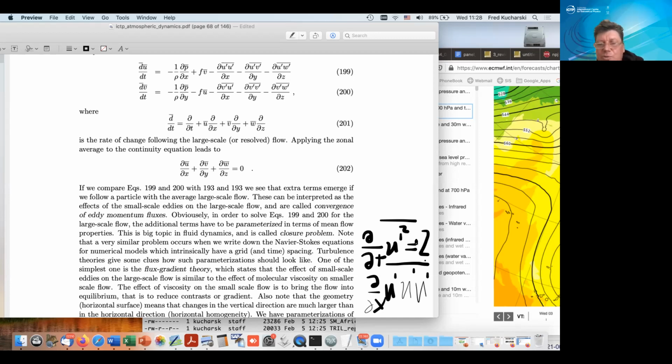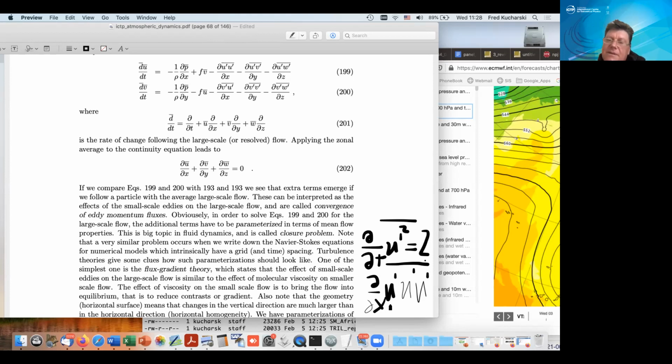So if this was closed within the prime squared quantities, maybe you could find a closed system of equations, but it's not, because due to the nonlinearity of our system, we get triple quantities and so on. Then we can try to write equations for the triple quantities, and we get quadruple quantities for that equation. So this will never close.